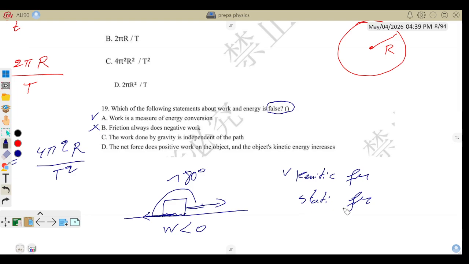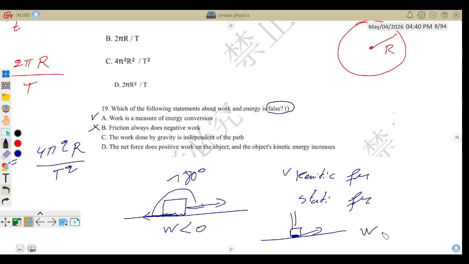If the static friction is between the ground and the foot of a person who walks, this friction is responsible for making the person move forward, and the direction of this friction is for sure in the same direction as the motion.